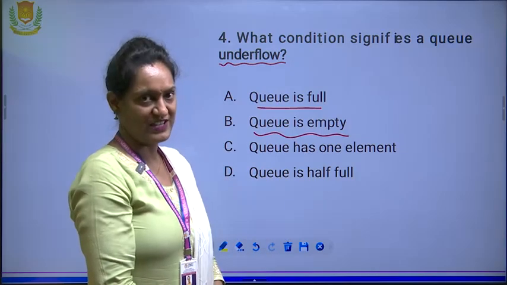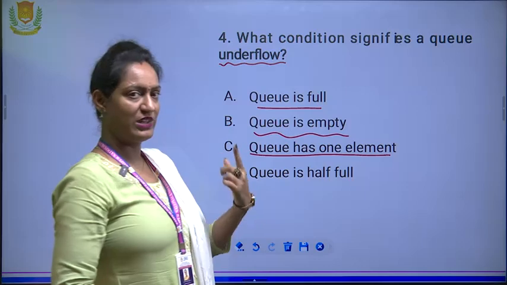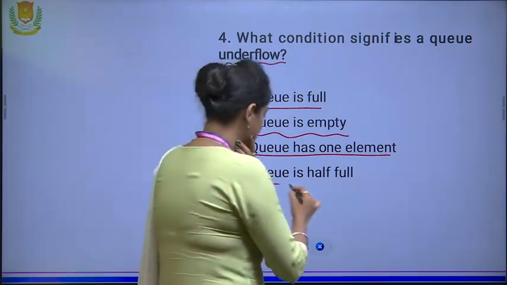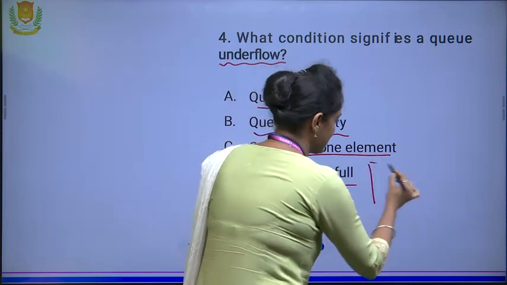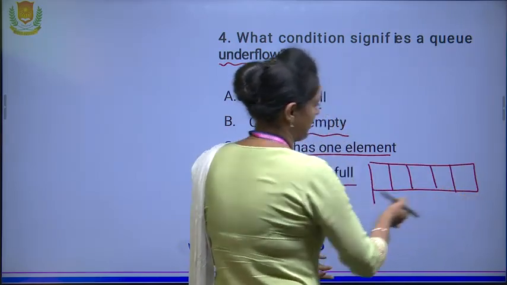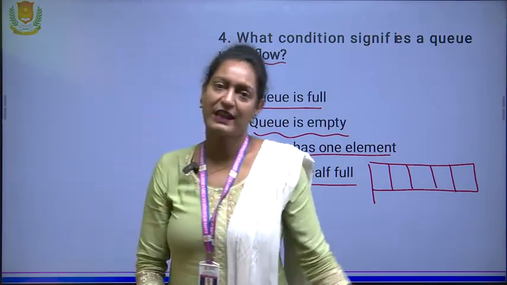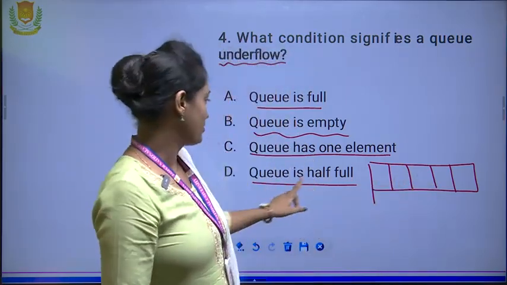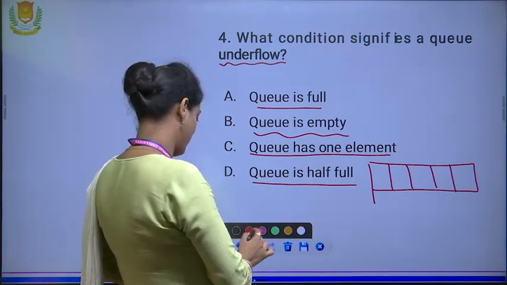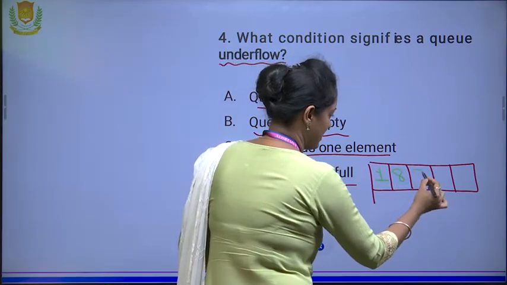Another option is queue has one element. That means we have only one element in my queue. And the last option is queue is half full. That means we have some elements in it. If I have 5 memory blocks in my queue, when we talk about it being partially or half full, that means we have elements like 1, 8, 7.